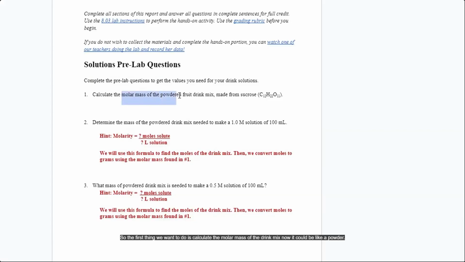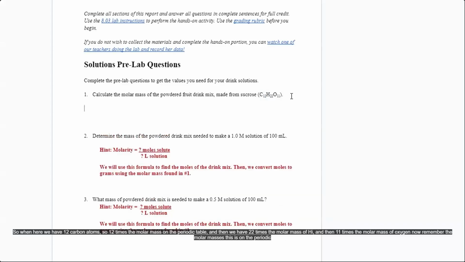So the first thing we want to do is calculate the molar mass of the drink mix. Now, it could be like a powdered drink mix, like tea, Kool-Aid, anything like that. It doesn't matter. We're just looking at the sucrose, that sugar. And that's what we're going to be focused on. So we do need to calculate the molar mass of this compound. So don't forget, molar mass is the mass in grams of 1 mole of your substance. So in here, we have 12 carbon atoms.